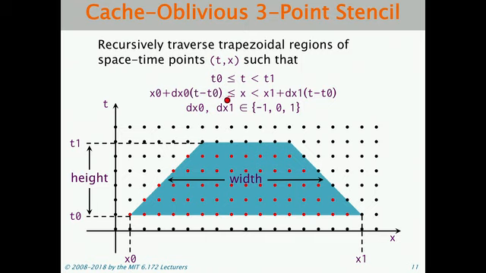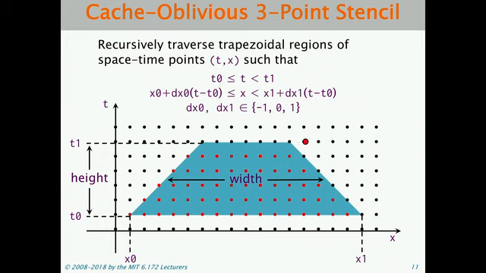So we're going to compute all of the points inside this trapezoid that satisfy these inequalities here. So t has to be greater than or equal to t0 and less than t1. And then x is greater than or equal to x0 plus dx0 times (t minus t0). So dx0 is actually the inverse slope here. And then it also has to be less than x1 plus dx1 times (t minus t0).